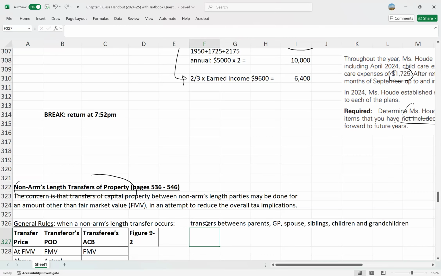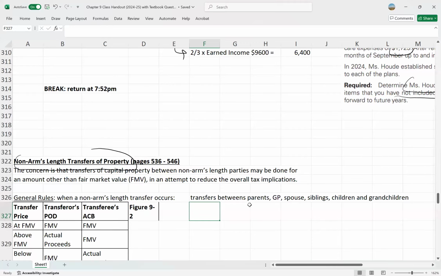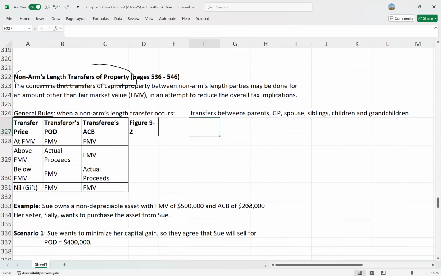So when we talk about non-arm's length transfers, we're talking about transfers between certain parties that are related. So between you and your parents, you and your grandparents, you and your spouse, siblings, children, grandchildren. These are the rules we need to follow if the transfer is not at fair market value.